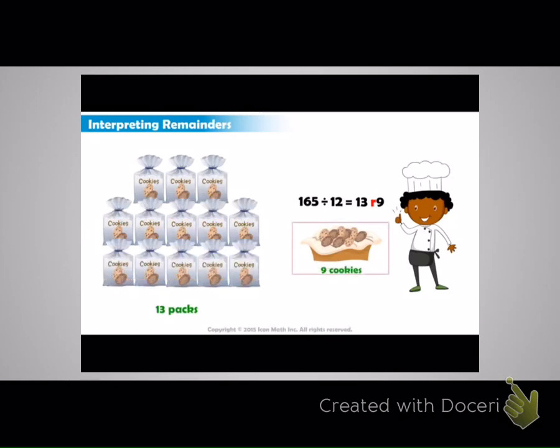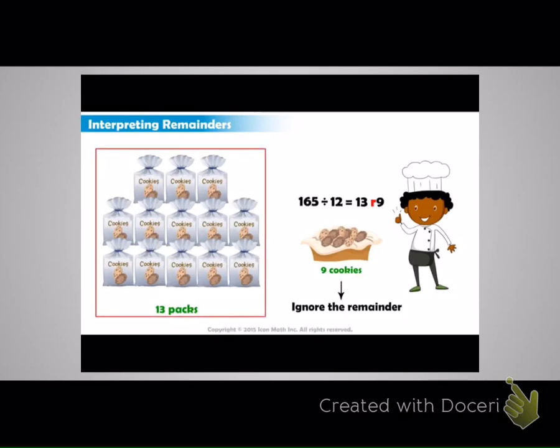What about the 9 leftover cookies? We don't need to report this information. We can choose to ignore the remainder. This is one way of dealing with the remainder. So Malik will sell 13 packs of cookies.